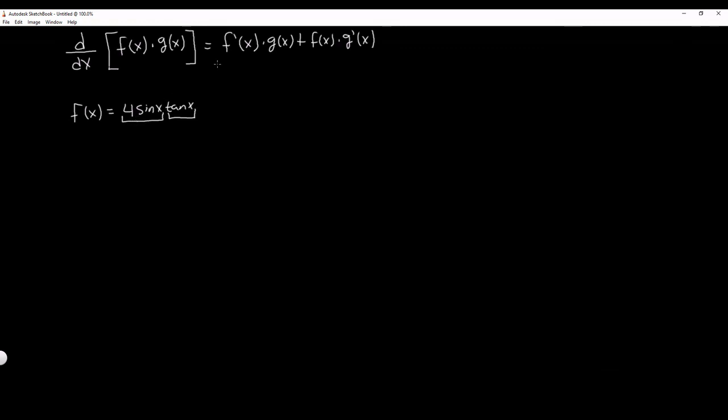So if we look up here, f prime of x is going to be the derivative of 4 sine of x, which is 4 cosine of x, times the second, which is tangent x, plus the first, so 4 sine of x, times the derivative of the second. And the derivative of tangent x is secant squared x. And that is the answer to this problem.